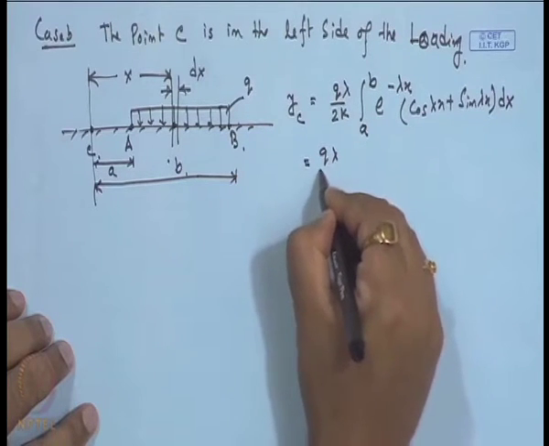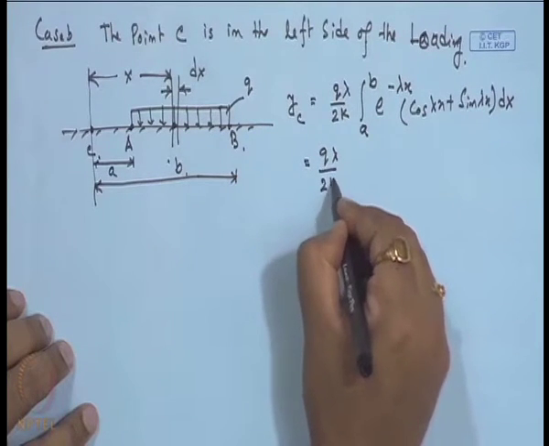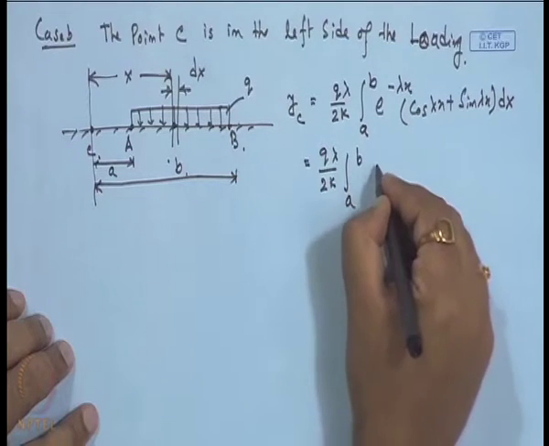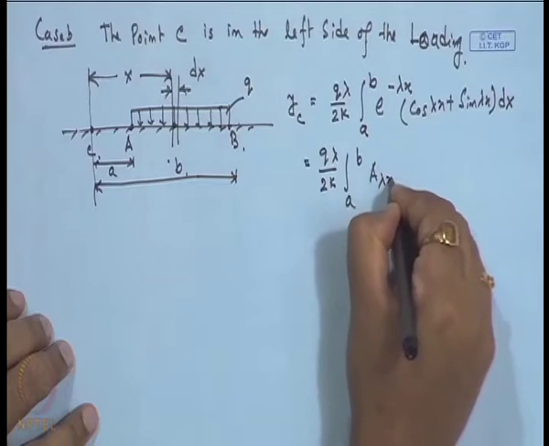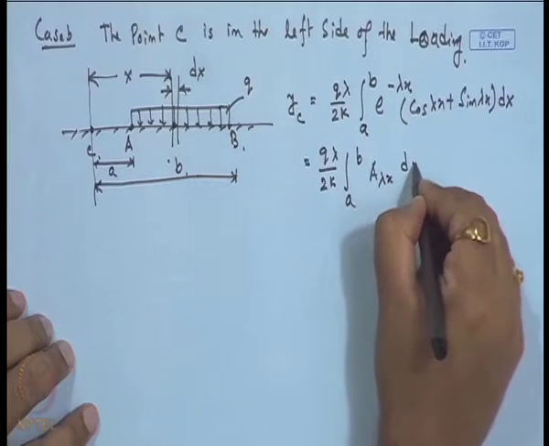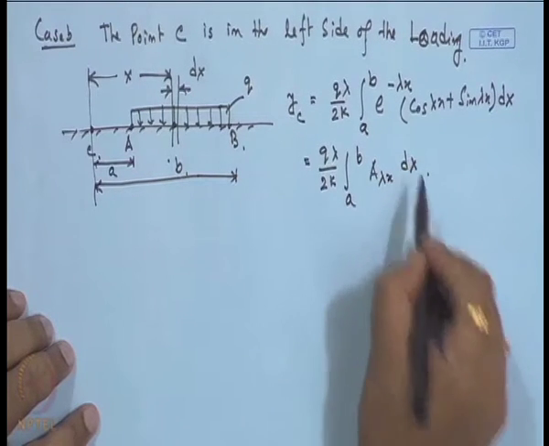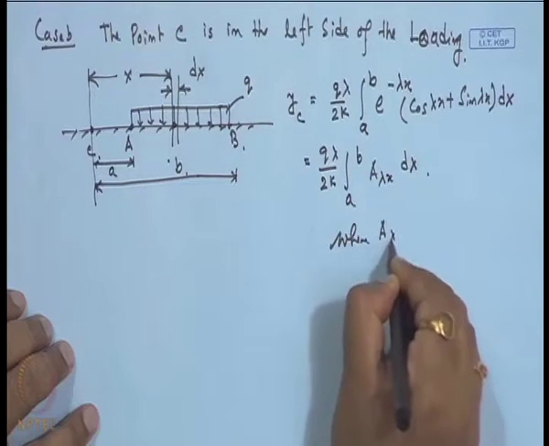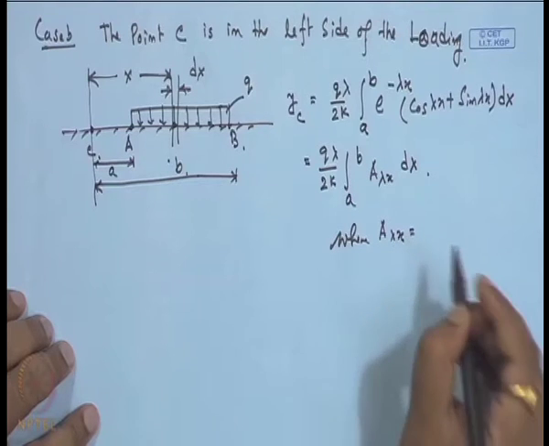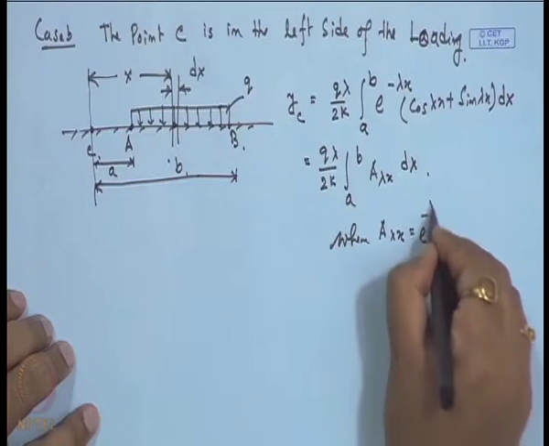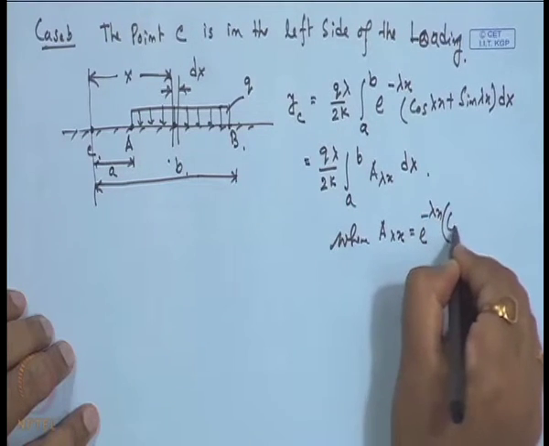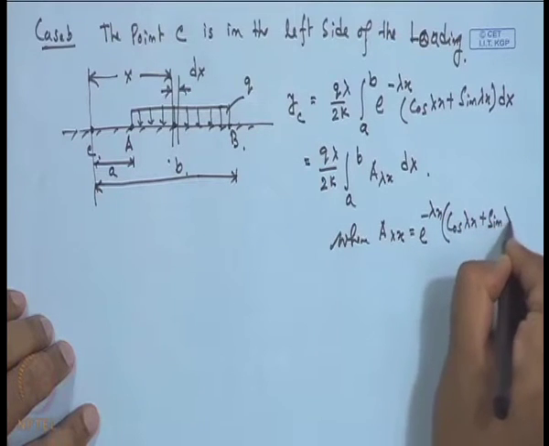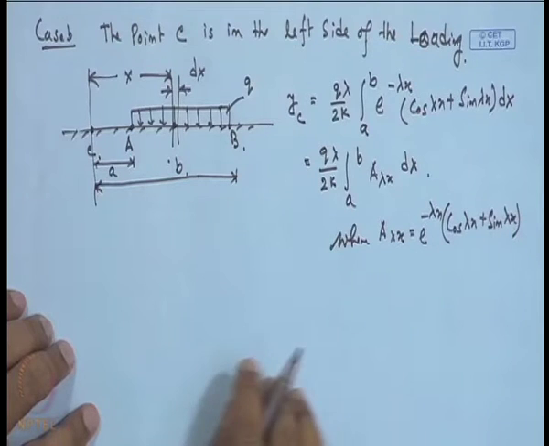So, we can write q lambda divided by 2 k, limit a to b, e to the power, so this is a lambda x dx, where a lambda x is equal to e to the power lambda x cos lambda x plus sin lambda x.